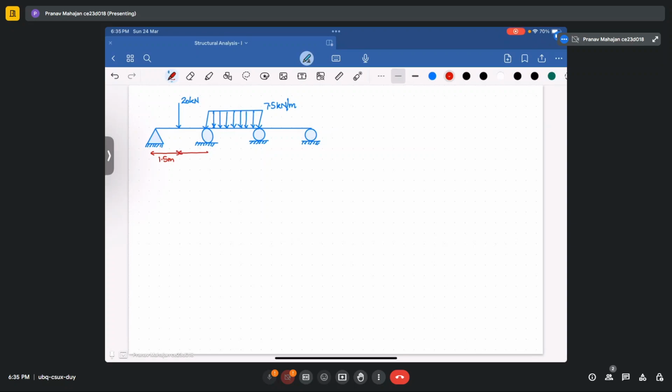So 1.5 meter of this span, and this whole span will be 3 meter, and the next span will also be a 3 meter span. Okay, and EI for all the members is same.